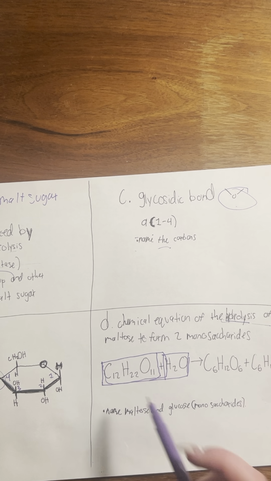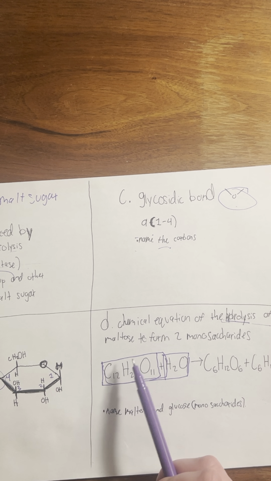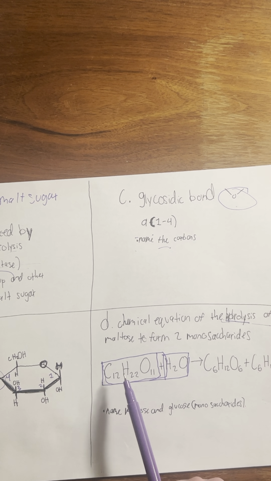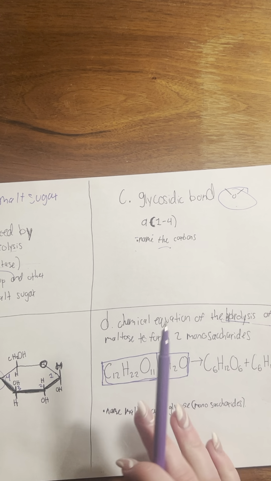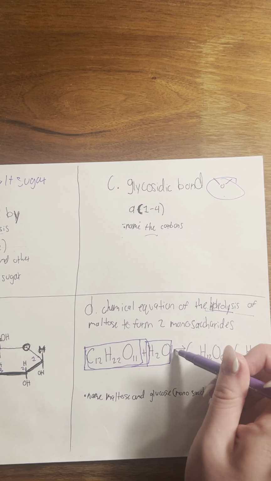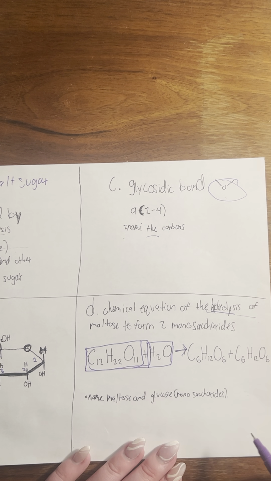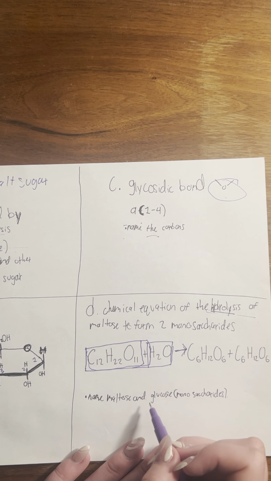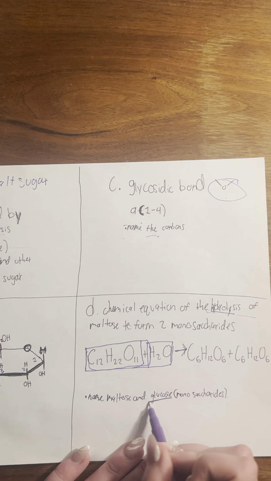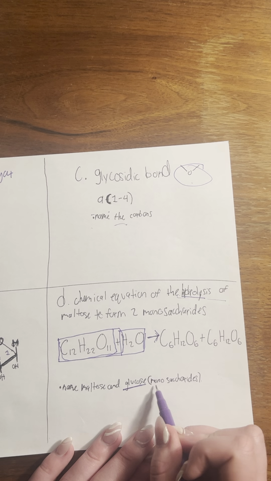Maltose has the formula C12H22O11, because if you count all those out, that's what it comes out to. And then when it reacts to create the products, it forms glucose. Glucose is a monosaccharide.